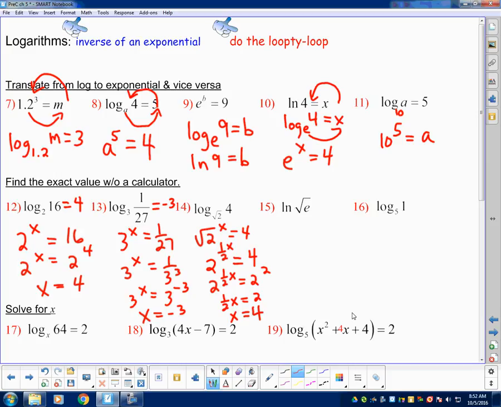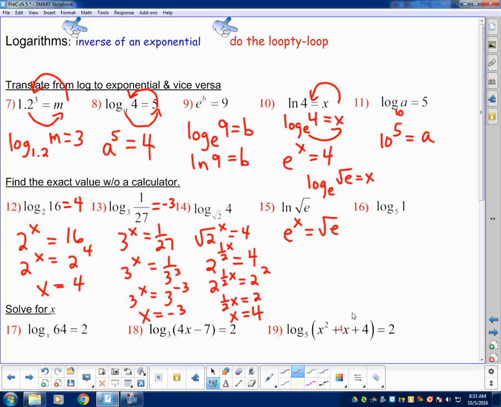Number 15. What's the base on 15? Yeah, it's ln, so it's log base e. So this is e to what power equals square root of e. And if you need to, you could rewrite it. This is the same as log base e of the square root of e equals x.